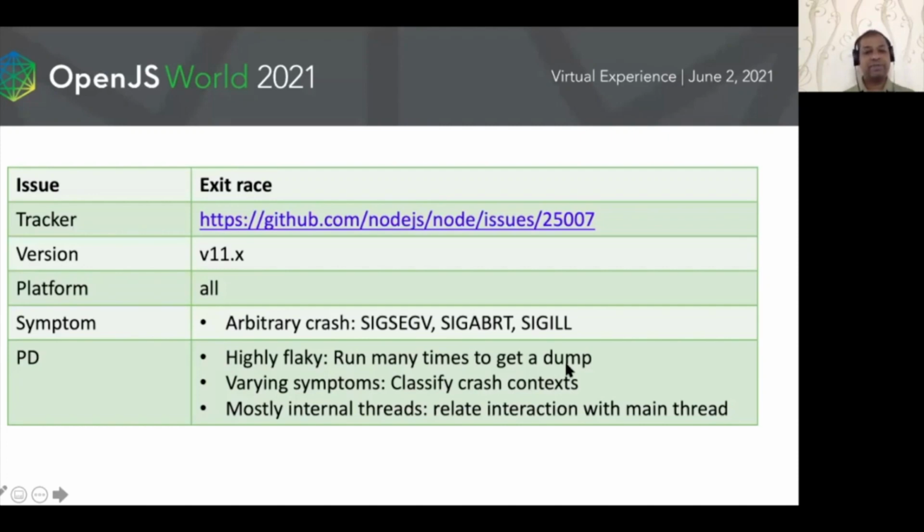So we got segmentation faults, aborts and illegal instructions, to name a few. The PD approach was to run the program many times under the problematic version, collect as many system dumps as possible, associate the failing context from the dumps, and see if we could classify the failures into a discrete set of patterns rather than an indefinite set of random crashes.